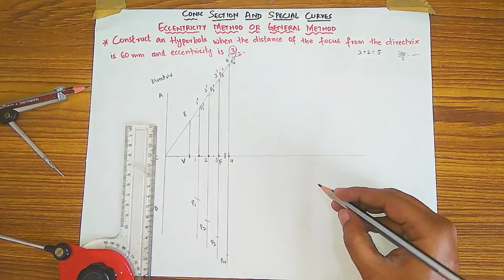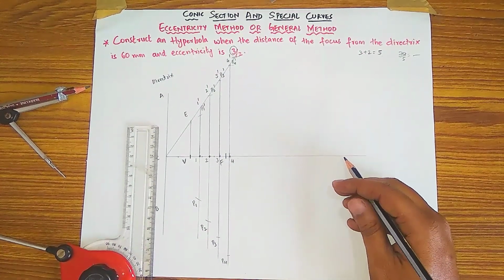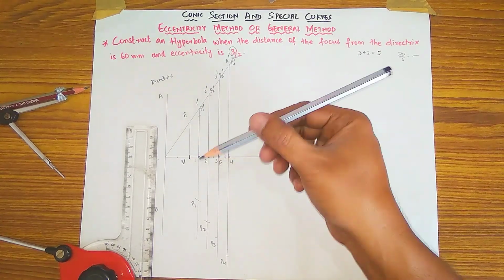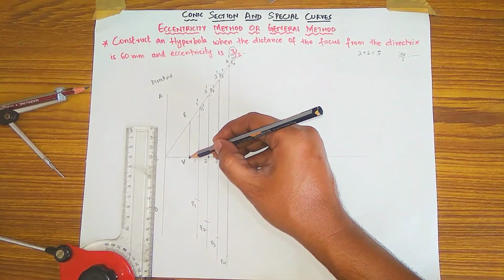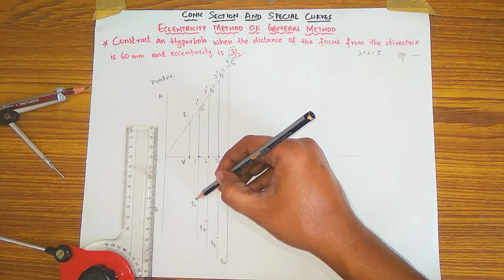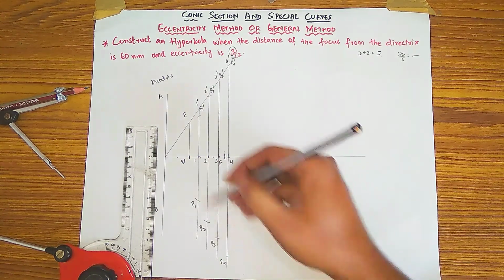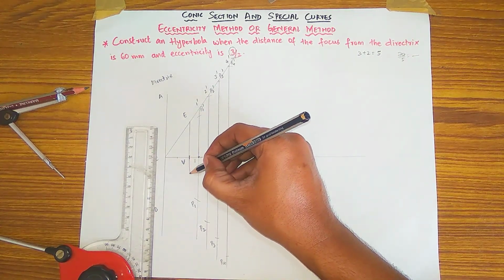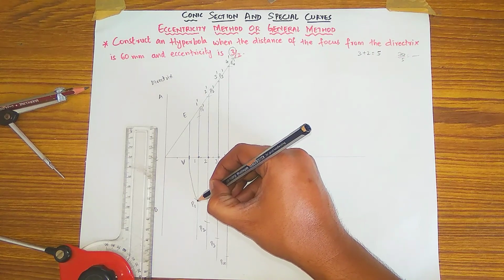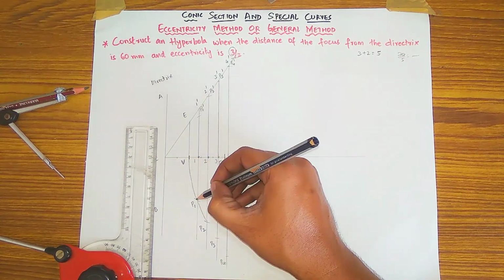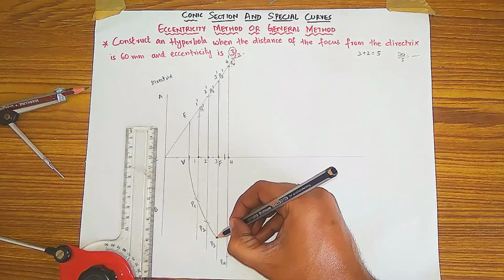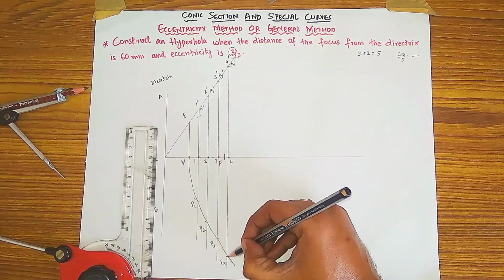Now after marking the points, you have to make curves from the vertex. You have to join these points with curves. For example, with a free hand, first make it from the vertex to P1, P2, P3, P4 and extend it.